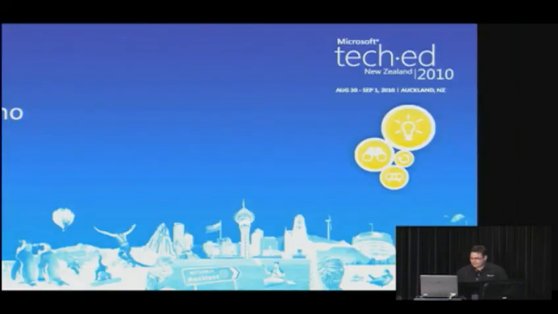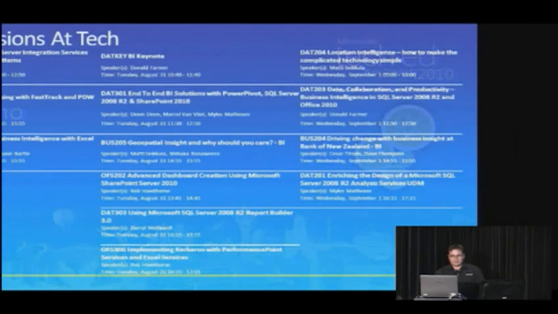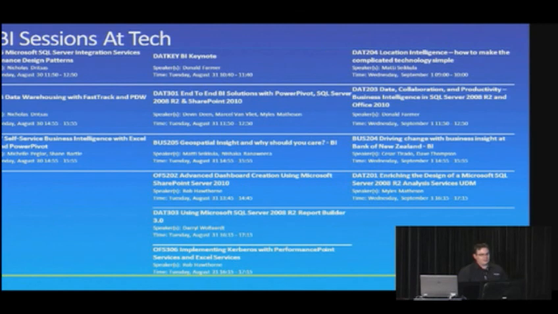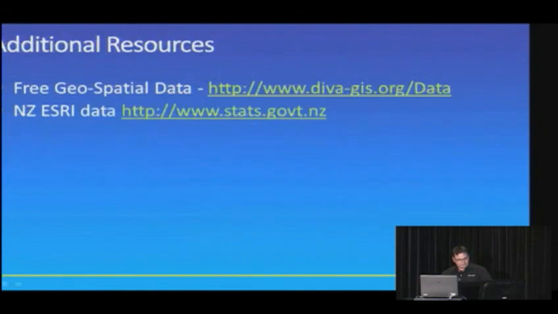Yep. So we did that. These were the sessions, all of the BI sessions at TechEd. Hopefully you've had an opportunity to enjoy some of those. One of the things that I did mention was just some free geospatial data.